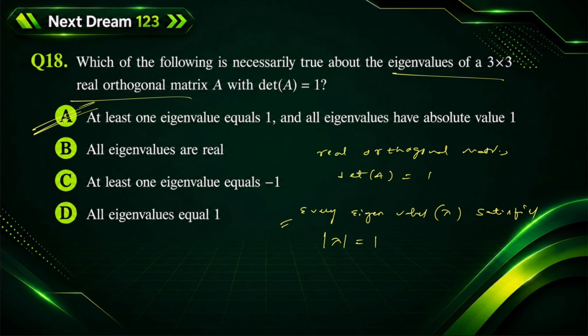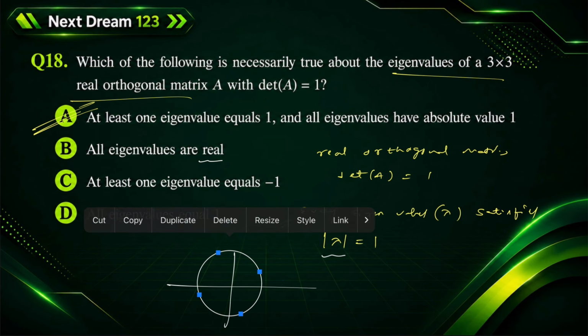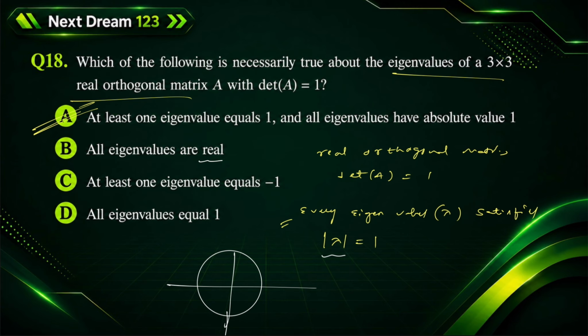All eigenvalues are real. Let's see. This is nothing but modulus of lambda equal to 1. This is a circle actually, the values which lie on this.